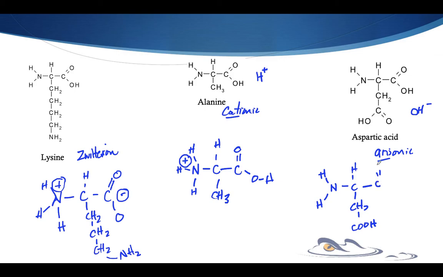So I'm going to put in my double bonded oxygen, my oxygen here, but no hydrogen. And I'll leave it with a negative charge over here on this side. Okay, so there's a quick couple of examples on how to draw these different forms of an amino acid based upon their acidic or basic or neutral environments.